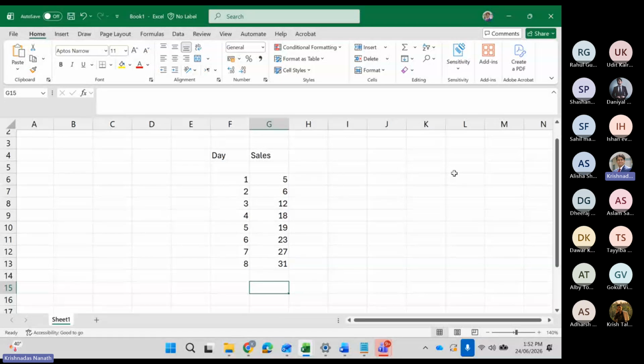But let's first understand what is regression, what are the steps to do regression in Excel, and then fundamentally develop that understanding for our first algorithm so that we can do the subsequent algorithms much more easily.